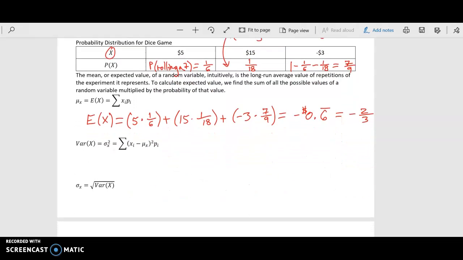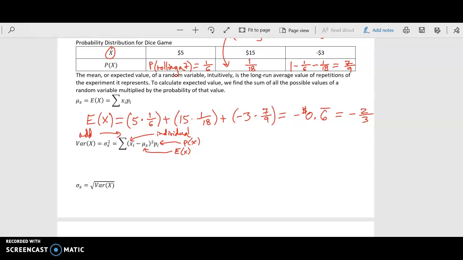The variance: remember, this summation notation just means that we're adding, right? These x sub i's are the individual outcomes, and mu sub x is our expected value, E of X. And p sub i are the probabilities of x happening.